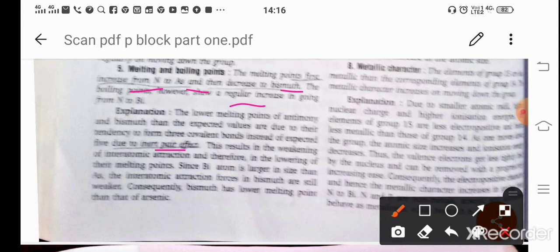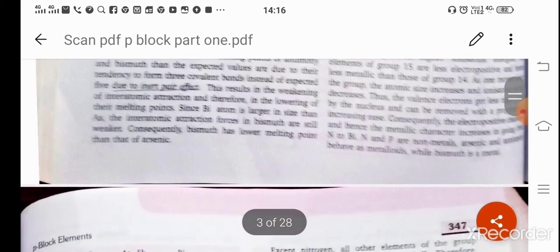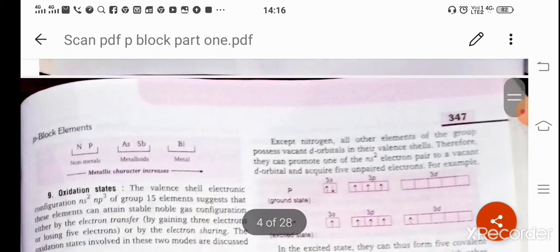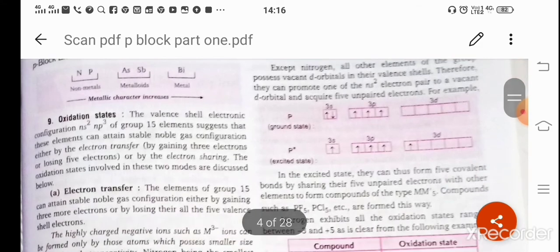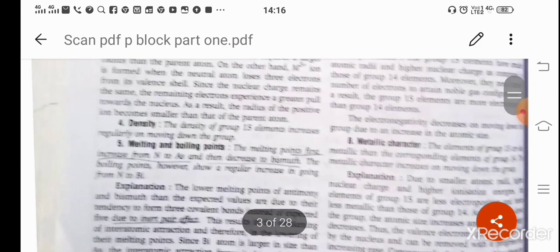It means from nitrogen to arsenic, 5 covalent bonds are formed, but from arsenic to bismuth, only 3 bonds are formed due to inert pair effect, the reluctance of s electrons. This is the reason the melting point decreases, but the boiling point follows the general trend and increases as we move down the group due to increase in atomic number.